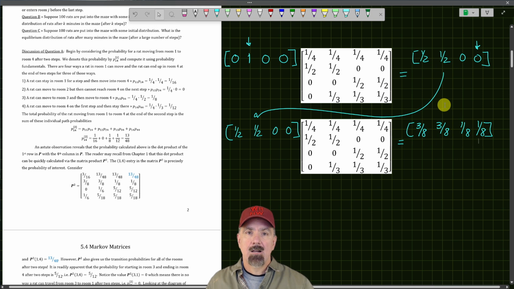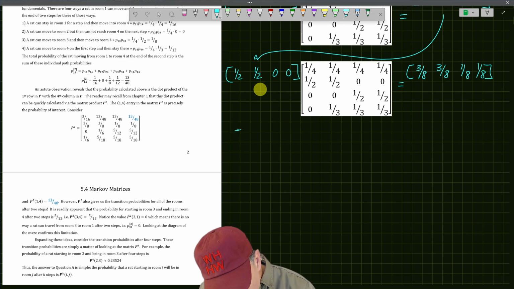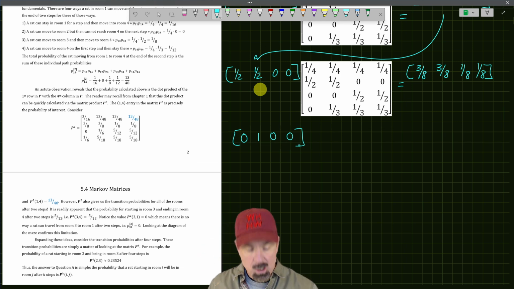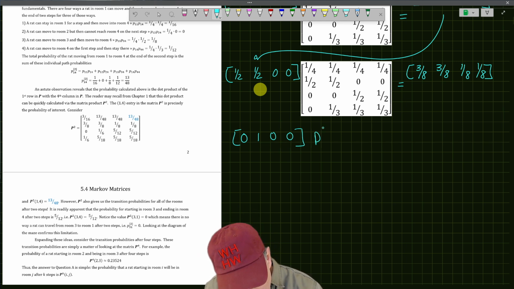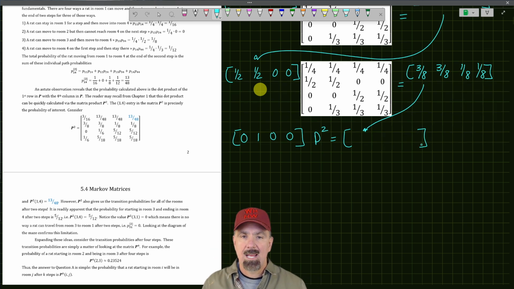So this whole idea of how we're doing this is actually captured with matrix multiplication. We get the same answer if we take the initial position of our rat and multiply by P squared. That's going to give us the resulting vector that we have here, the 3/8, 3/8, 1/8, 1/8.